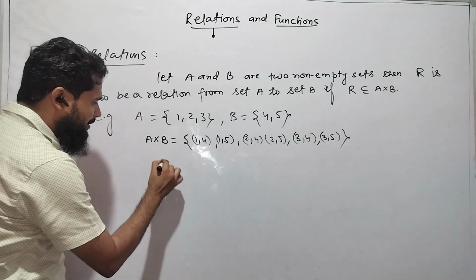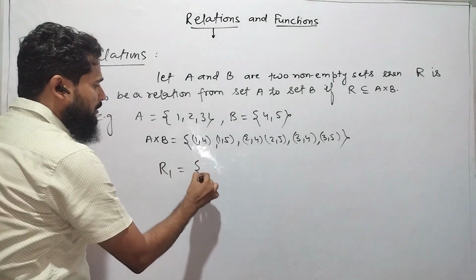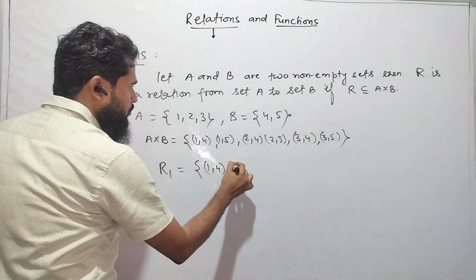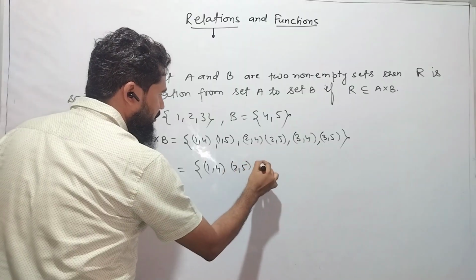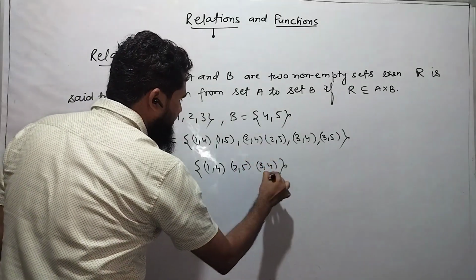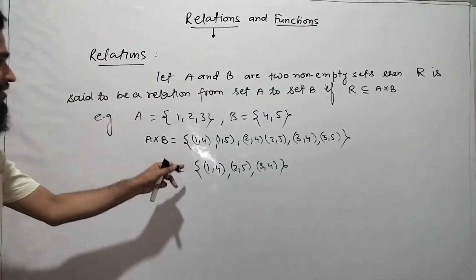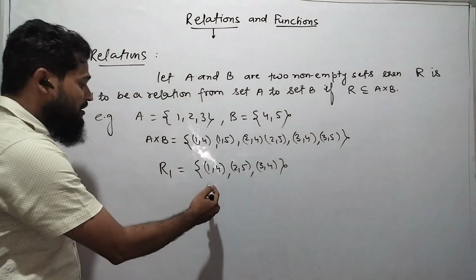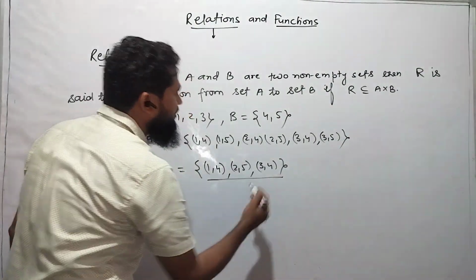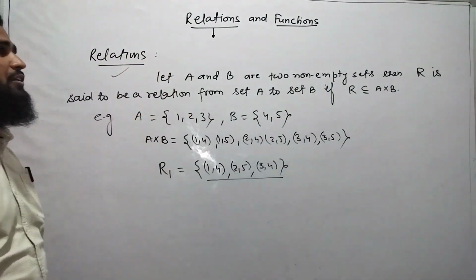Now R1 is equal to {(1,4), (2,5), (3,4)}. Is this a relation? Yes, it is a relation because it satisfies the definition of relation.